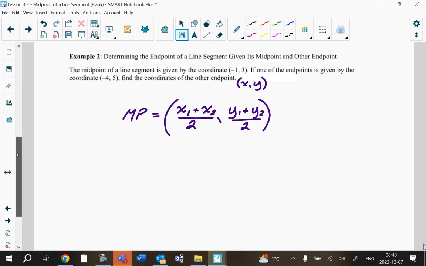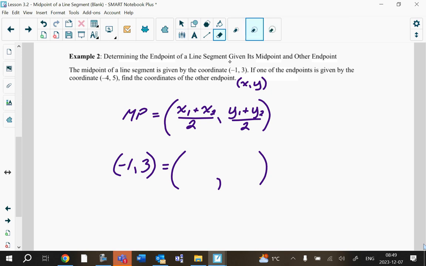Well, I know what the midpoint is: it's (-1, 3). I know what the first point is, x1, y1: (-4, 5).